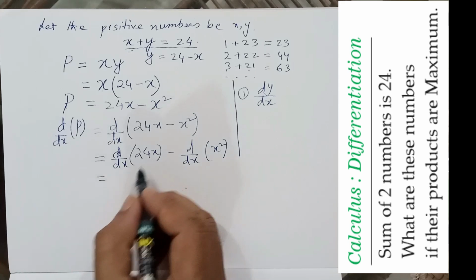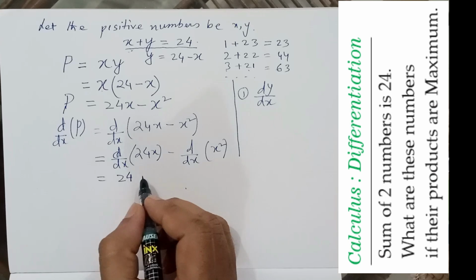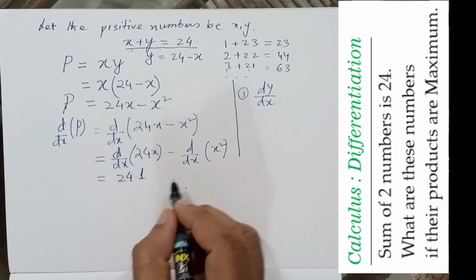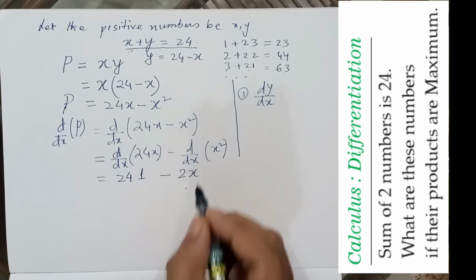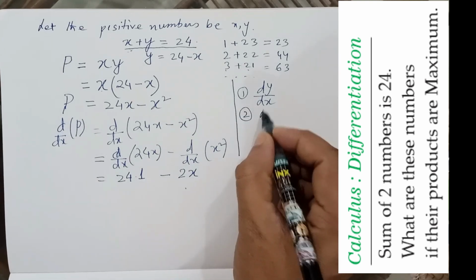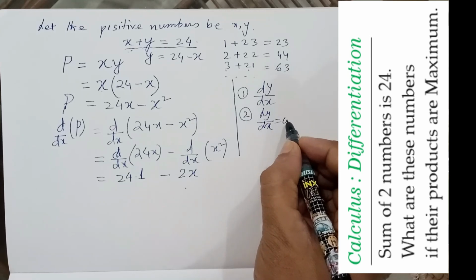Now 24 is constant, we can keep it, and d/dx of x is 1. Here d/dx of x square is 2x. The second step is that for maximum and minimum, dP by dx will be 0.